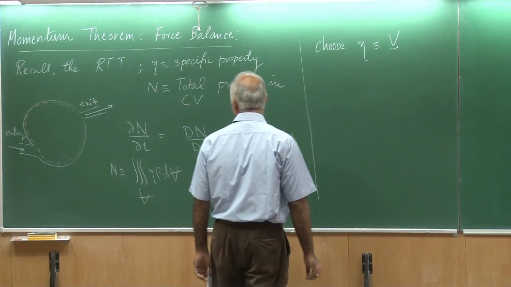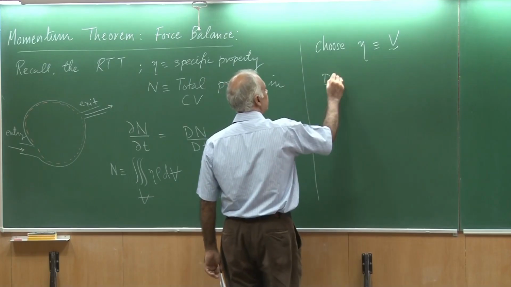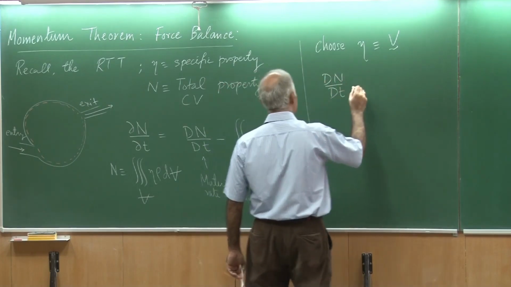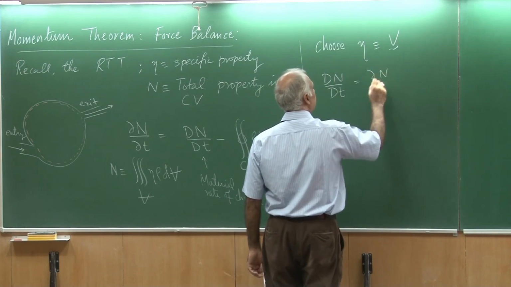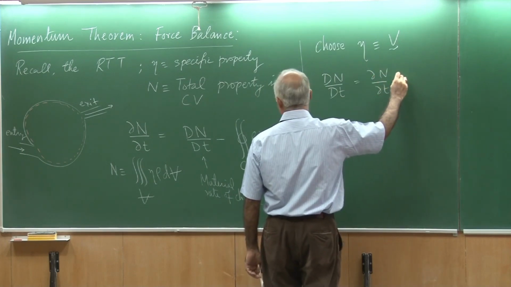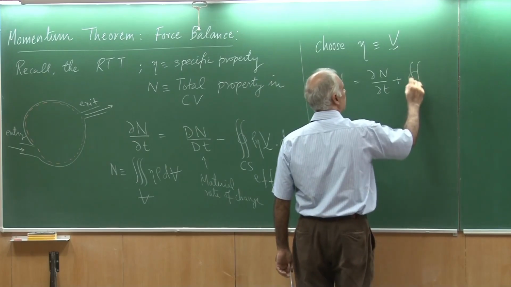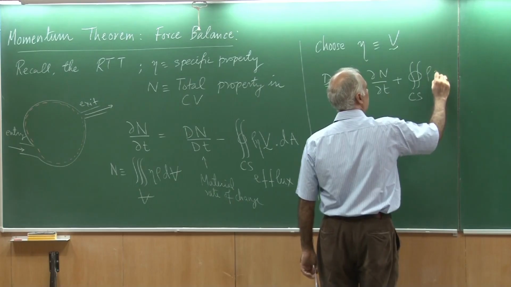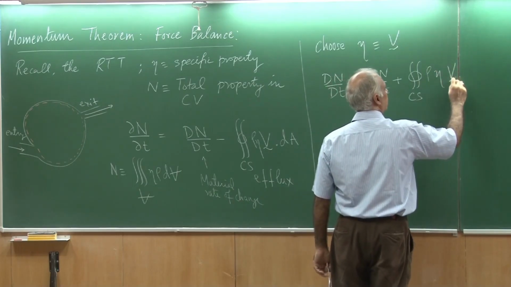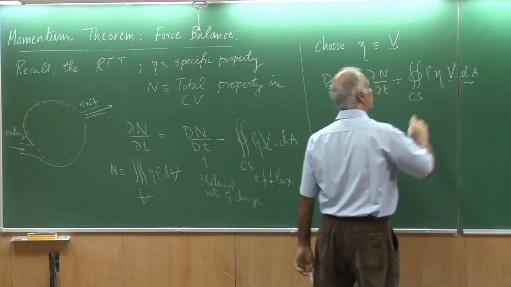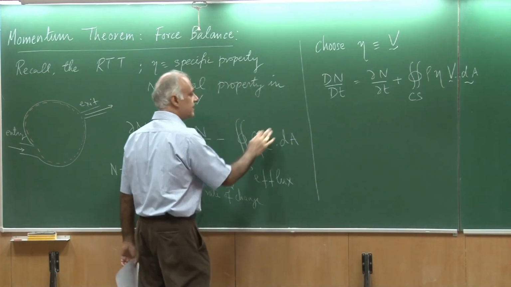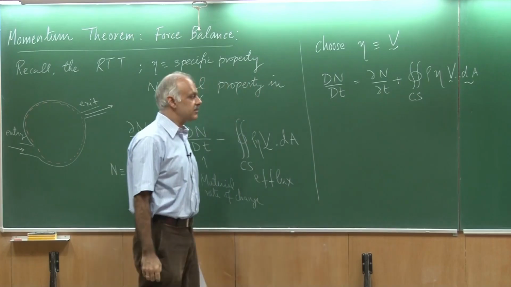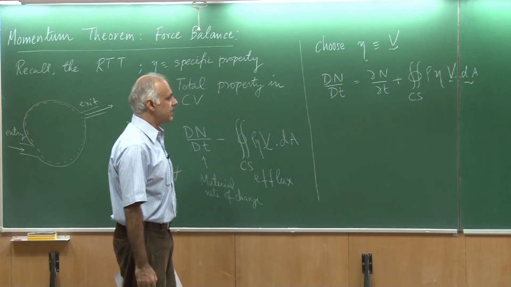And then I can simply write dN by dt as del N by del t plus over the control surface rho eta v dot dA. So I have simply written the Reynolds transport theorem because I wanted to get the substantial derivative on the left and the other terms on the right.